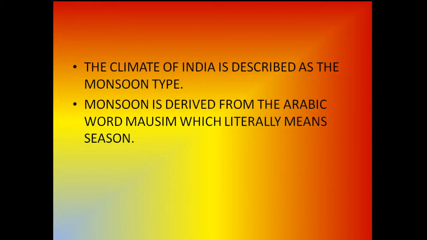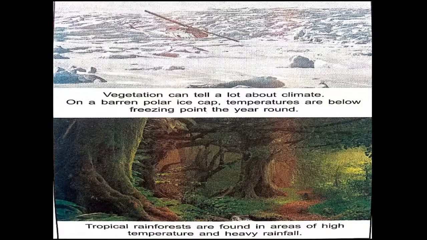The climate of India is described as the monsoon type. Children, monsoon is derived from the Arabic word mausim, which literally means season. See, these images of vegetation can tell us a lot about climate.